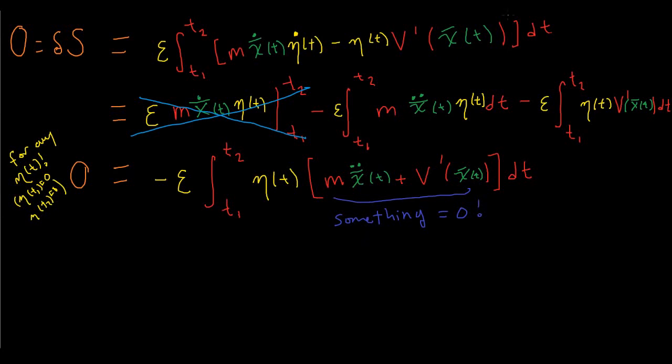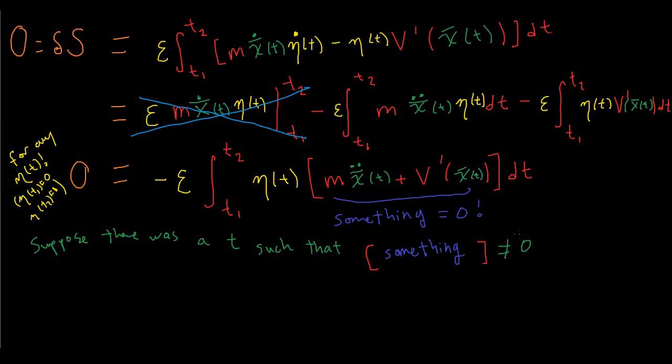Suppose there was a t, a value of a time, such that our something wasn't equal to 0. So say that at some time this something wasn't equal to 0, right?